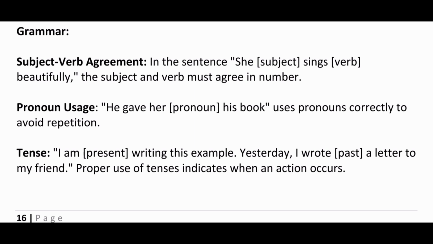Pronoun usage. "He gave her his book." He is a pronoun, her is a pronoun, right? It uses pronouns correctly to avoid repetition. So he, she, they, all these are what? These are all pronouns. I will not say, "I went to Ashok's house and Ashok is a good boy.